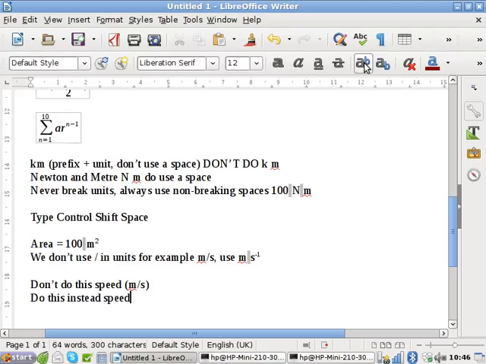So we have speed, and when we want to say what the unit is, that's when we use a slash. So we say speed slash, which means in. So speed in space, and what's the units? Meters per second. So that's m. What's next? The non-breaking space. S and superscript -1.